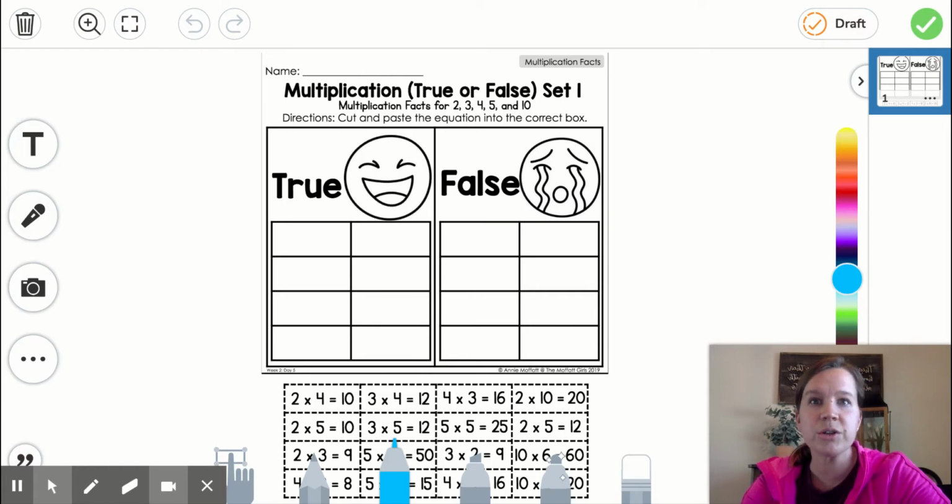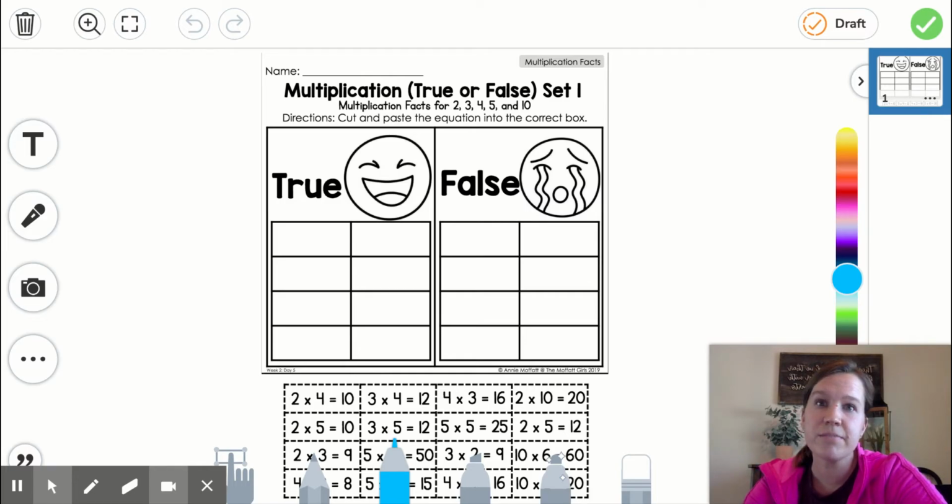Because I show you the activities digitally on my computer screen, because that's the easiest way for me to film myself to show you the answers, I'm going to modify it for myself. I am going to use my coloring tools here at the bottom of my screen. If the math statement is true, I'm going to color it in green.